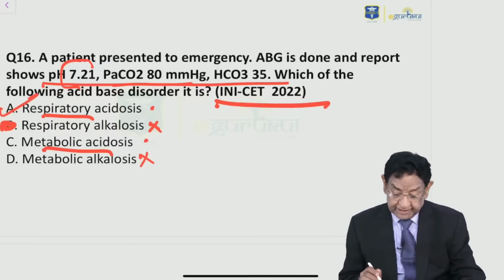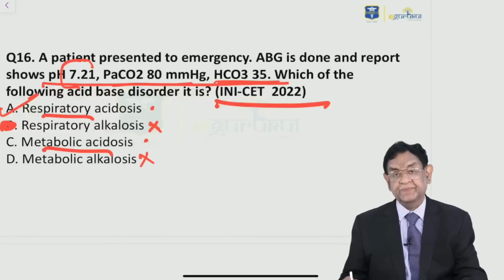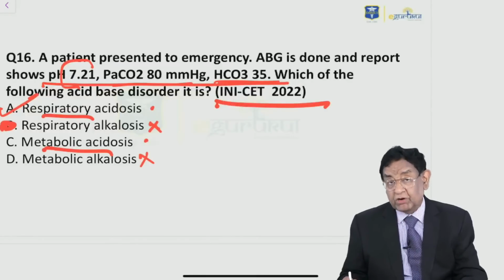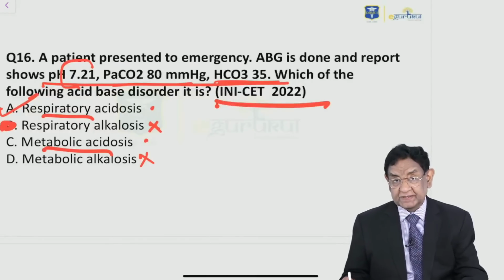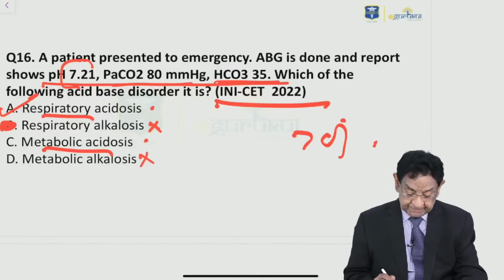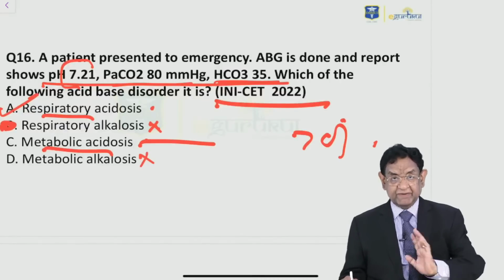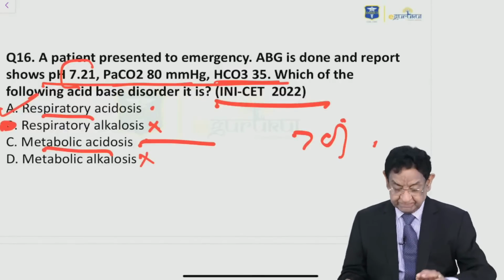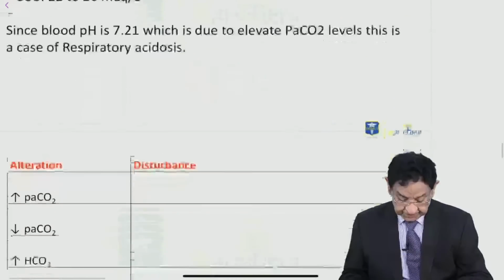Can it be? No way. Bicarb is 35. This cannot be metabolic acidosis. Simple question but tricky question. Around 70% of people commit a mistake. They may go for metabolic acidosis. Lovely question. Very simple but lovely question.